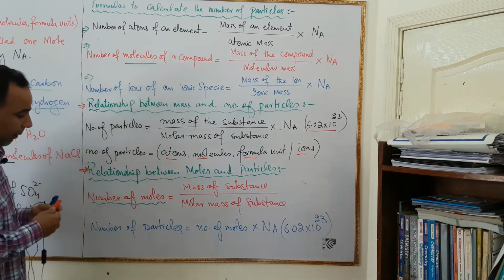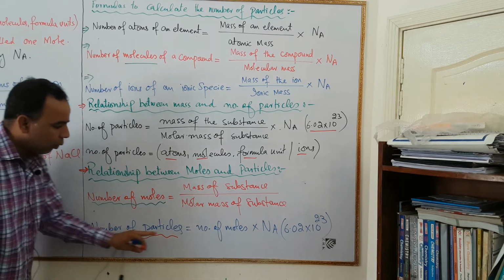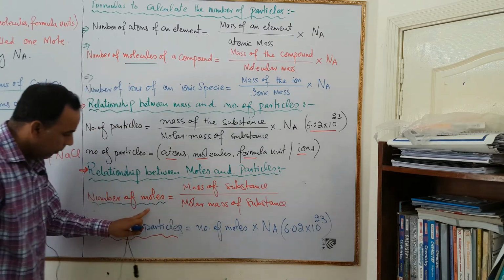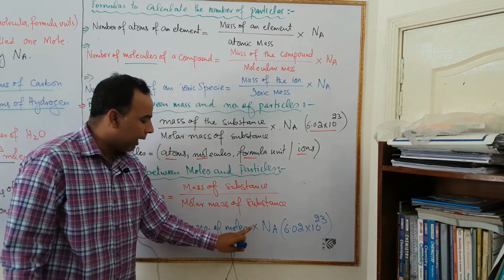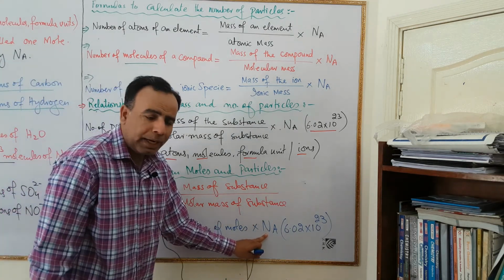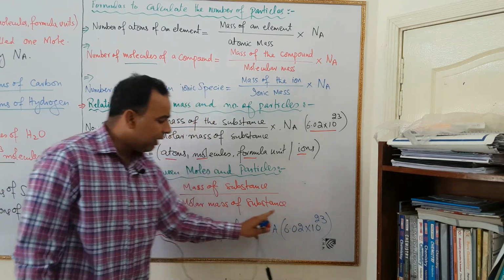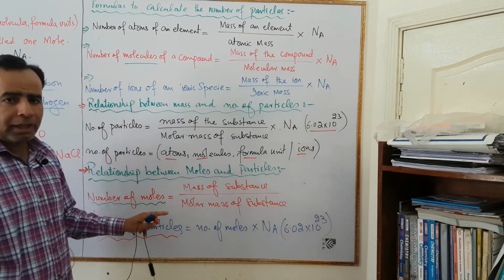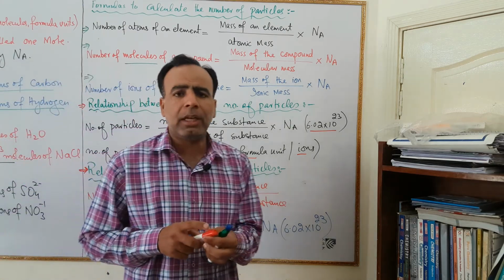That is, number of particles is equal to the number of moles which we have calculated here, multiplied by Avogadro's number 6.02 × 10^23. With the help of these two formulas, we can solve any numerical problem.